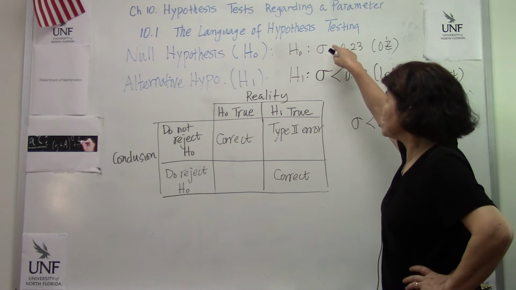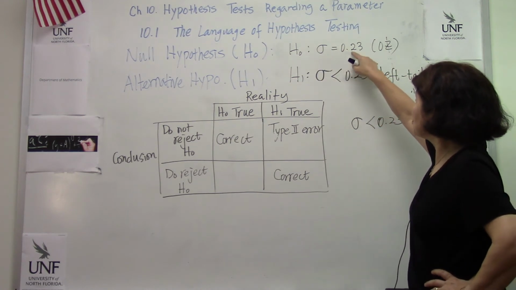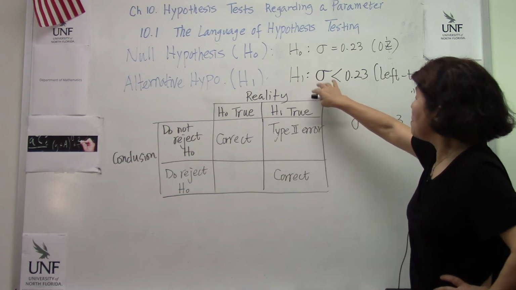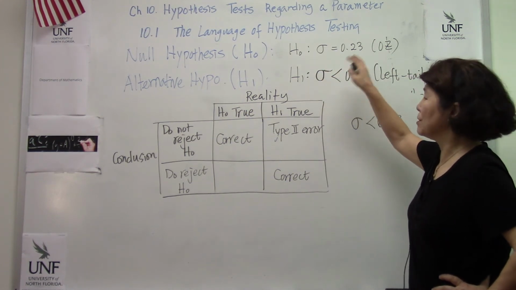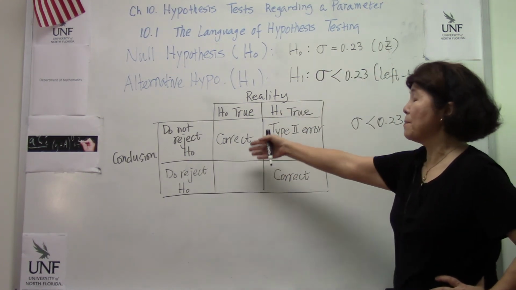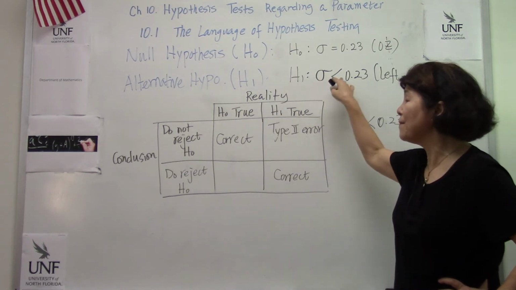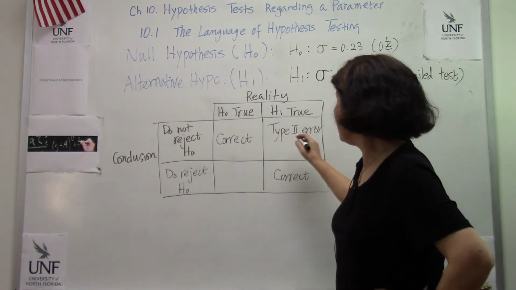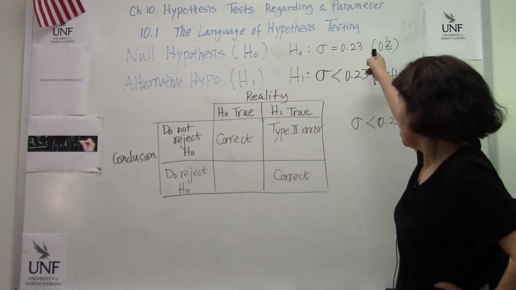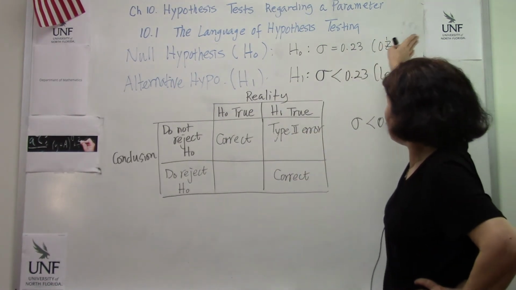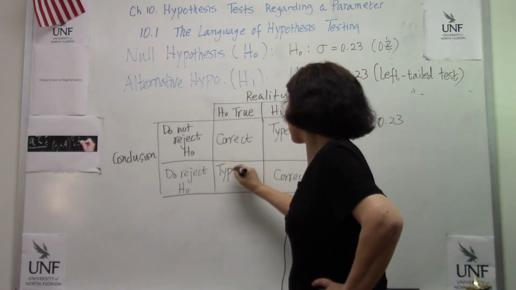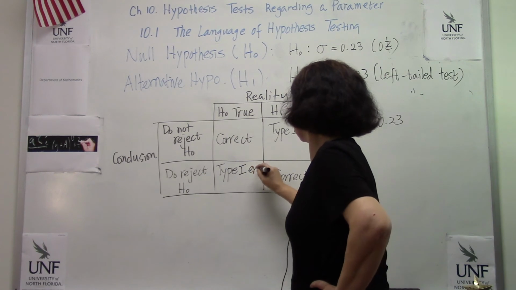Well, still the standard deviation is 0.23 ounces, but somehow this quality control manager showed something, based on his or her evidence, that we reject H naught. So even though this is true, we rejected it. We call this type 1 error.